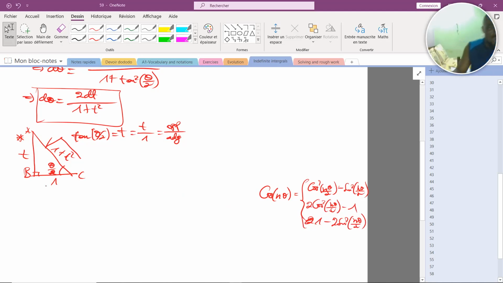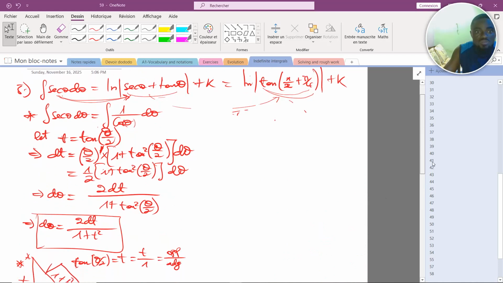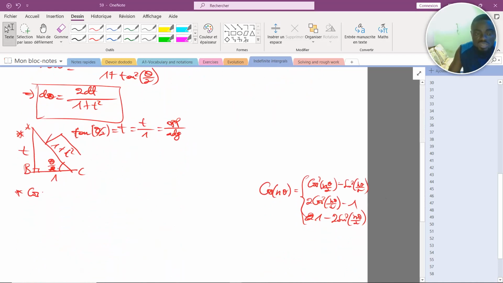Okay, we are to find cos theta because it is cos theta which is in our formula. But be very careful, in our triangle there is no theta, there is instead theta on 2. So cos theta, let's use this one. We shall first say that it is equal to 2 cos square theta on 2 minus 1.